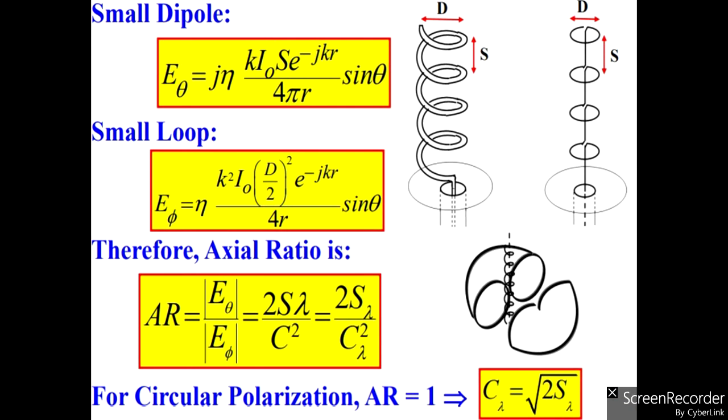Next, these are the formulas which we have to remember for small dipole, small loop and axial ratio. For circular polarization, the axial ratio should be equal to 1. It's important that the axial ratio equals 1 for circular polarization, that is (2S+1)/2S. These are the formulas which you have to remember for helical antennas.